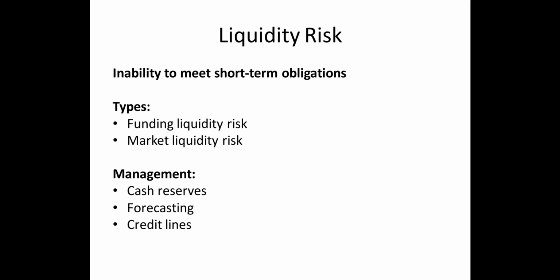Management: cash reserves, forecasting, credit lines. How to manage this risk? It means you should have extra cash, cash in hand or cash in bank, to repay the amount for these types of liability risk. Forecasting means you should insure yourself, your car, and your property. Okay, in the insurance system, third party insurance is available.